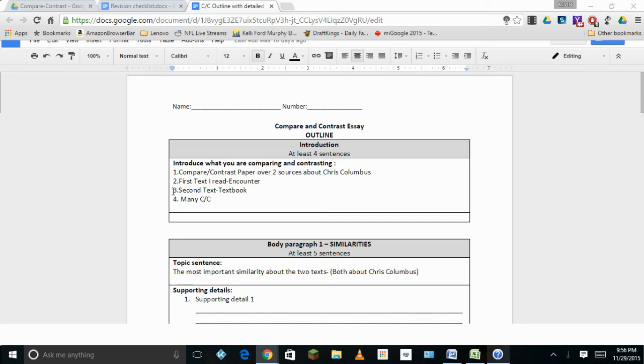The third sentence would be the introduction of the second text we read, which was the textbook. And then the fourth sentence is basically a general statement saying that there were many things to compare and contrast between the two. The reason why I did this, and you'll see with the revision checklist, is that this is a really important part of the assessment and whether or not the introductory paragraph is considered either proficient or not.